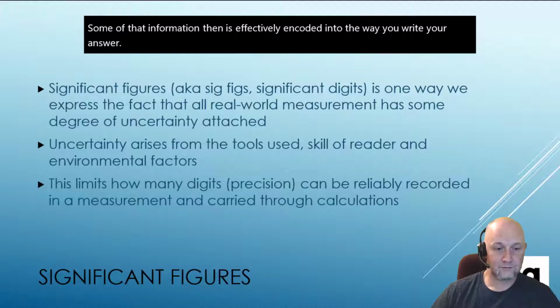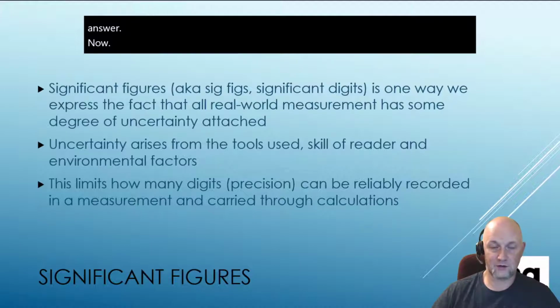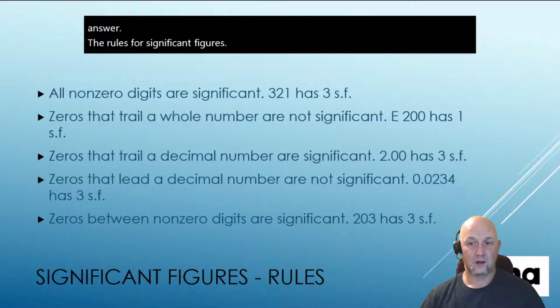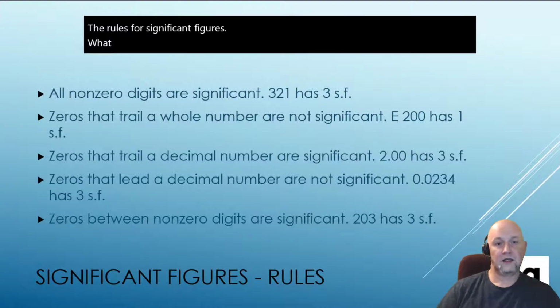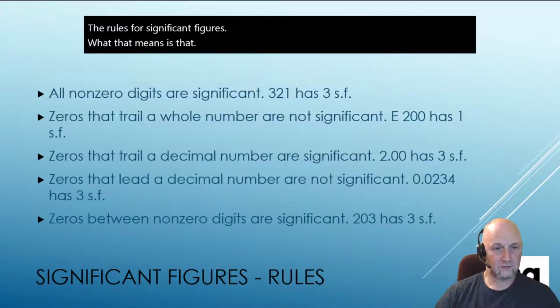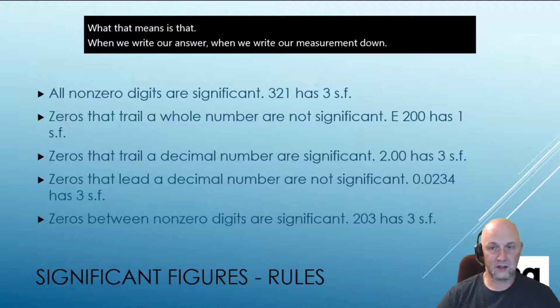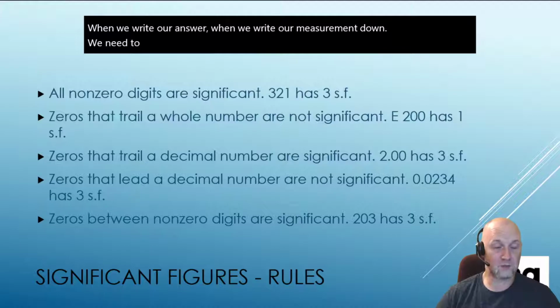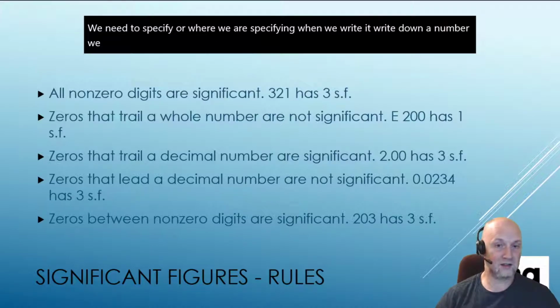Now, the rules for significant figures. What that means is that when we write our answer, when we write our measurement down, we are making the claim that it is significant.